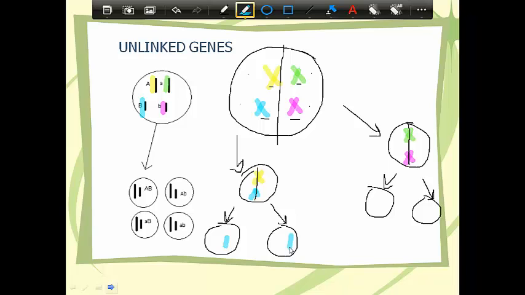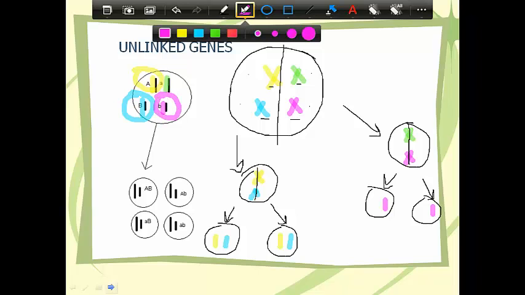Remember the blue chromosome represented the big B, from up here at the beginning. And then each one of these cells gets a big A chromosome, and that was from up here. On the other side, each one of those cells gets a little b chromosome, again from where we started, and each one of those cells gets a little a chromosome, again from where we started.